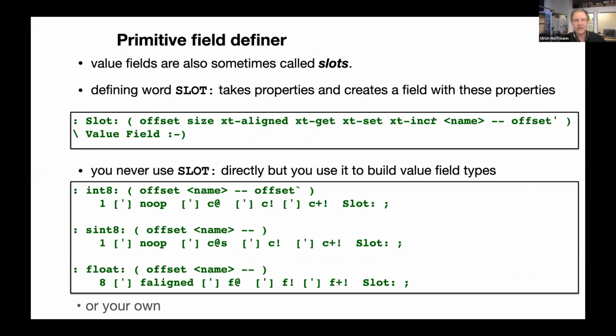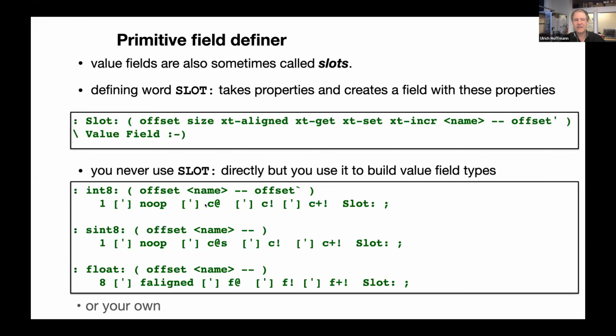We want to increment the value. And then there are also alignment issues that you have to take care of. So slot is a monster. You wouldn't normally use that, but you use it for defining the slot definers that you want. For example, int8 is defined, it's a field of size 1.